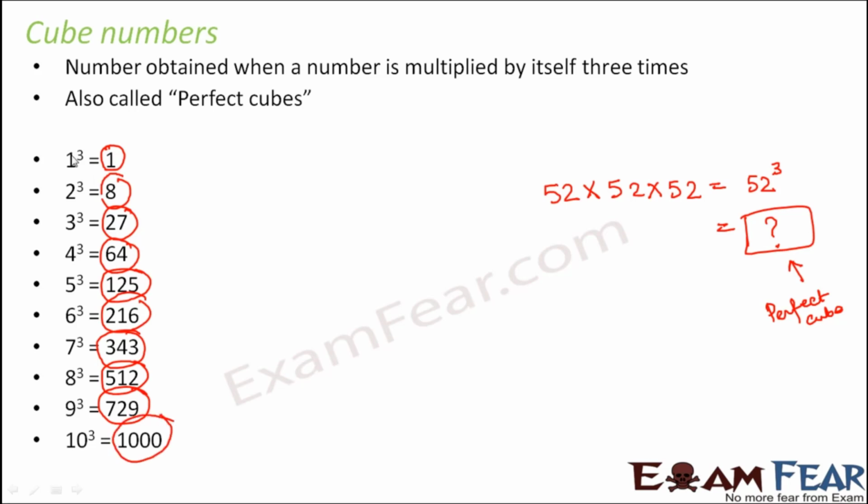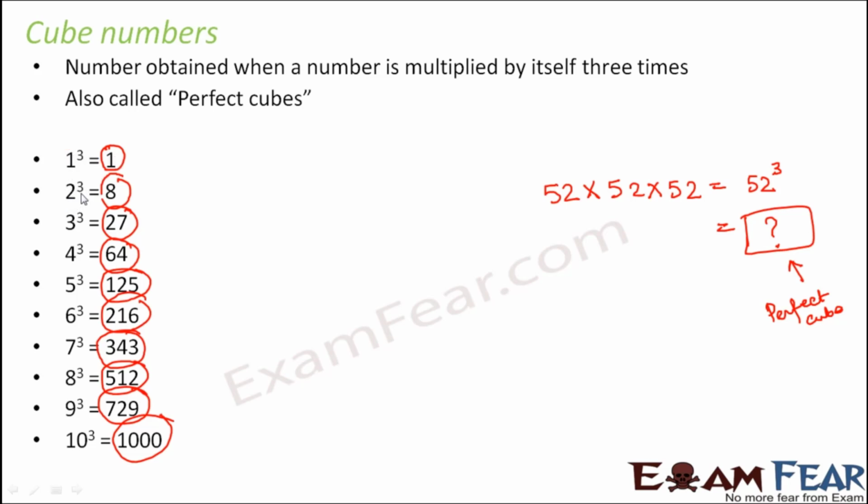Now you might ask that after 1, so 1 is like the first perfect cube, and after 1 you have 8. So what happens to the numbers that exist in between, like 2, 3, 4, 5, 6, 7? Now all of these numbers are not perfect cubes, because you are cubing the numbers consecutively one after another. So you have cubed 1, you got 1.